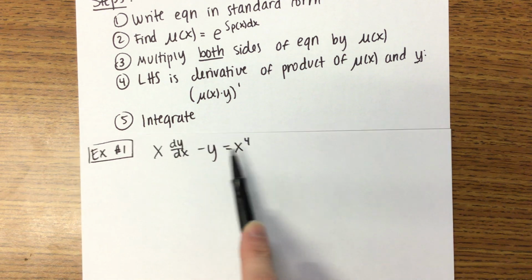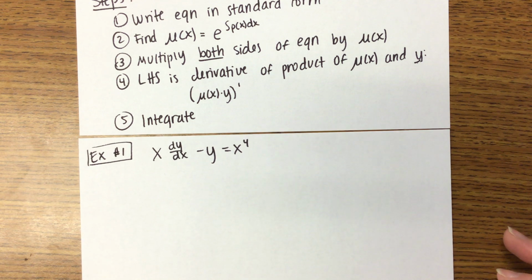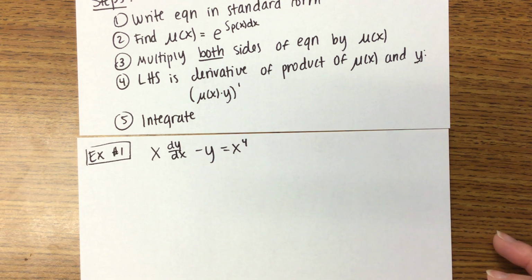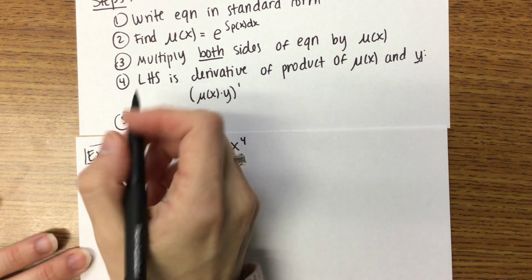All coefficients are in terms of x. y and its derivative are to the first power. If I wanted to solve this by separation, is this equation separable? No, this is not separable. So linear is the only method we have right now.